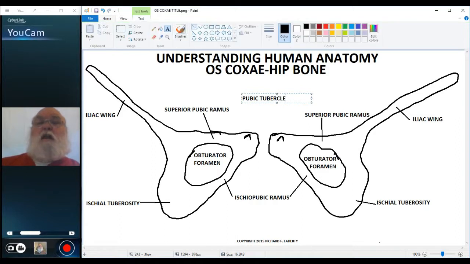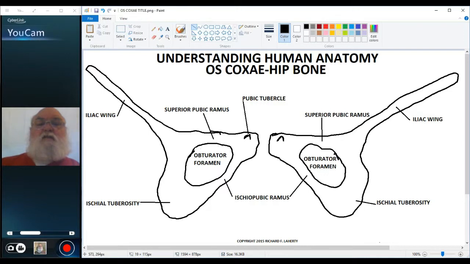And we'll draw a couple of lines to them. And they serve for muscle attachment, particularly the external abdominal oblique has part of its insertion onto the pubic tubercle.